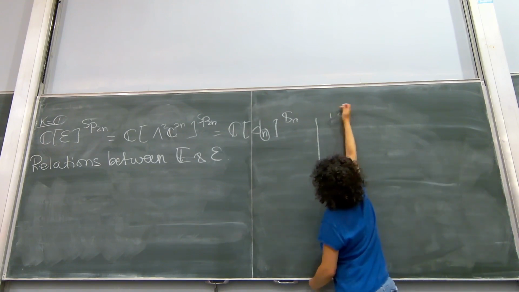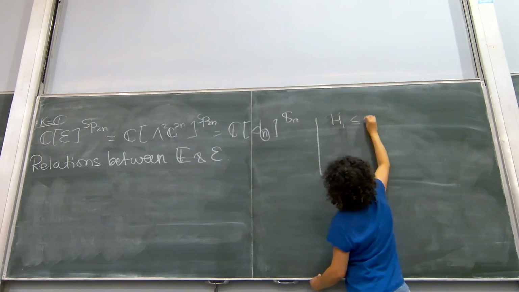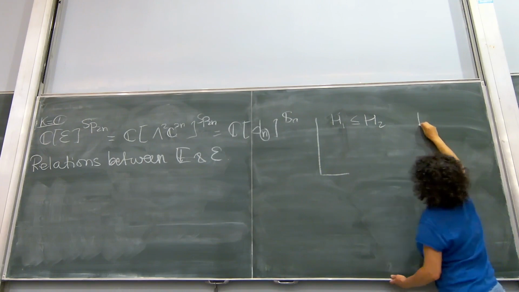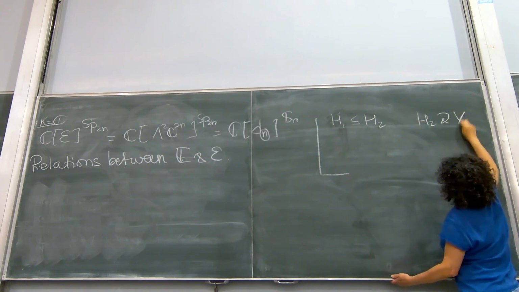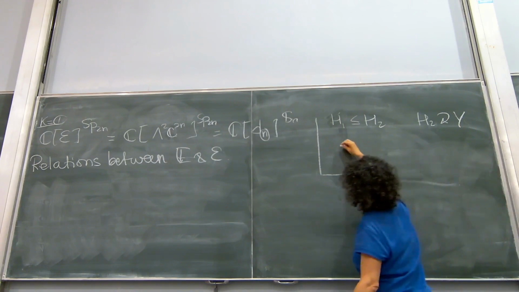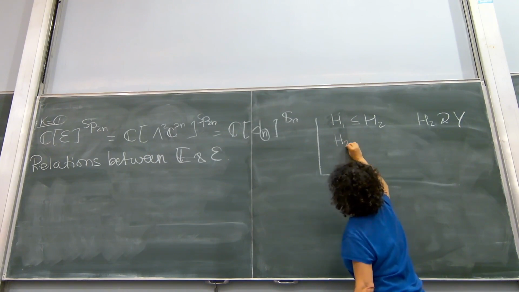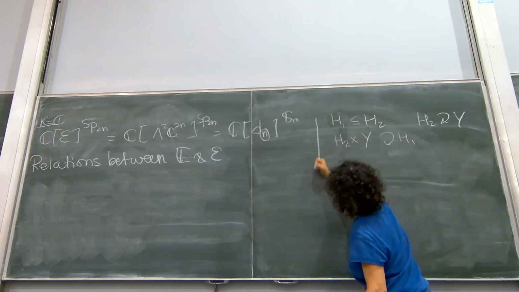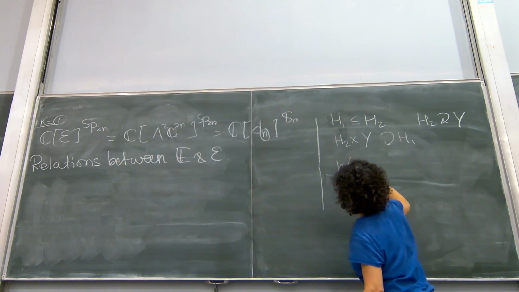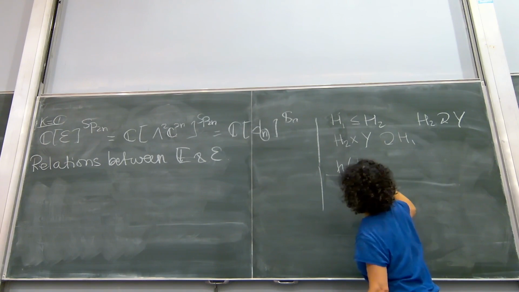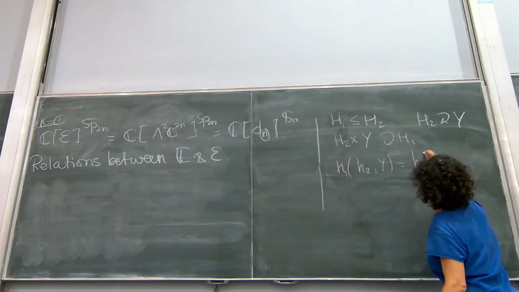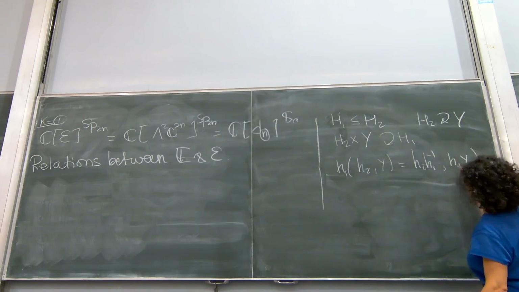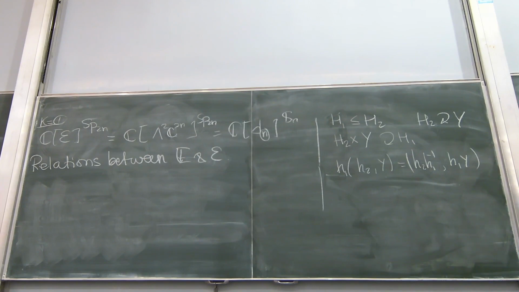Suppose you have a group H1, which is a subgroup of H2, and H2 acts on some variety Y. Then I can construct the product H2 times Y, and H1 acts on it by this action, acts freely. You start with Y with an action of H2? I'd like to have an action of the bigger group.